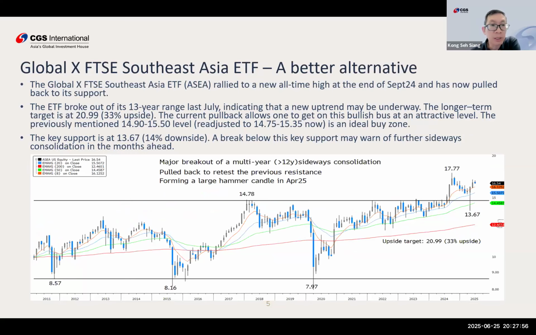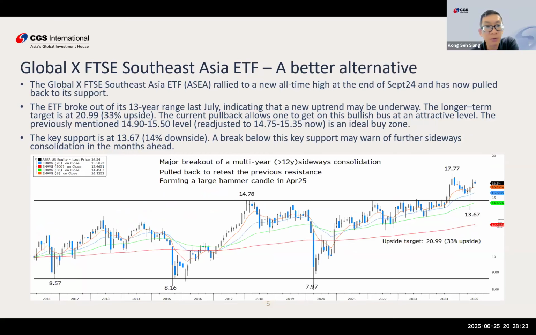This is just another alternative ETF that is listed in the US. This is the Southeast Asia FTSE ETF, Global X FTSE. You can see that this ETF has actually breached its 12-year consolidation. It's been trading sideways for 12 years, but it broke out in 2024, and the recent sell-off took prices to retest the previous highs of the range.